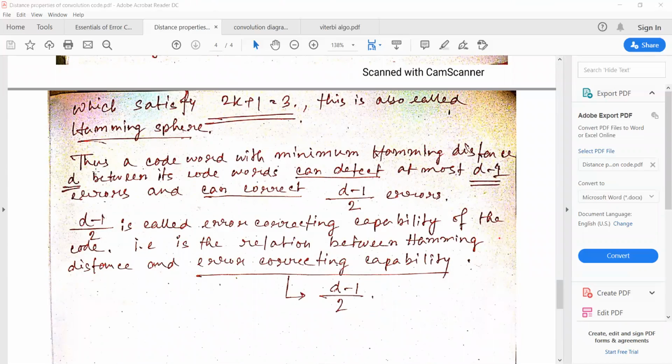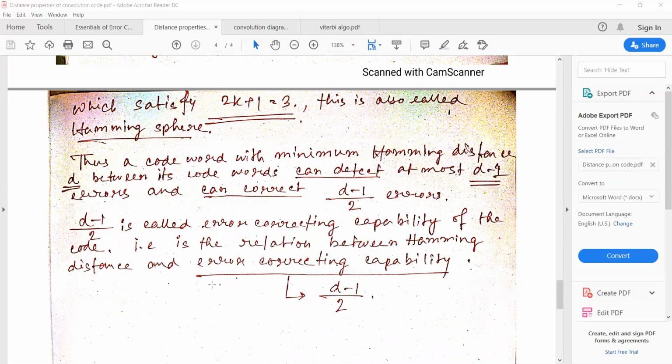And next it is written that for a code with minimum Hamming distance d between its code words, it can detect at most d minus 1 errors and can correct (d minus 1) by 2 errors. So (d minus 1) by 2 is called the error correcting capability of the code.